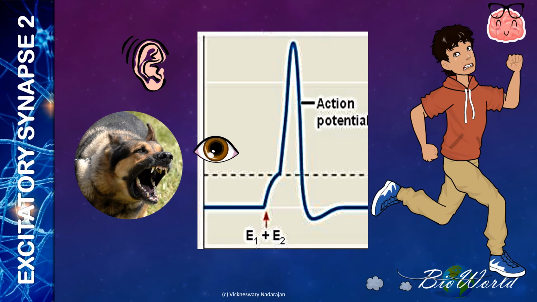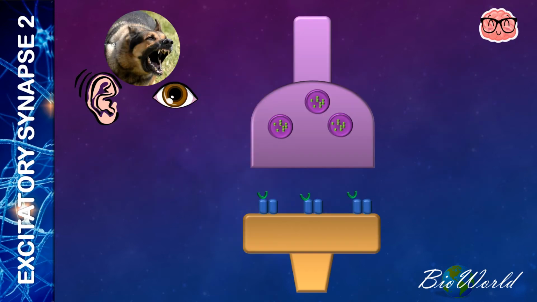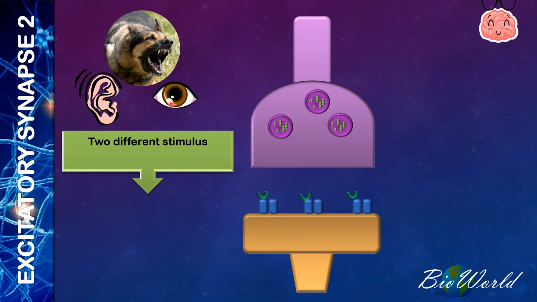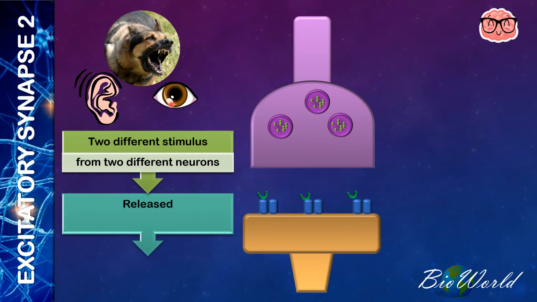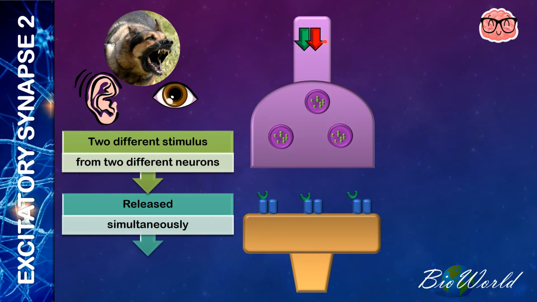Let me explain further. In the case where now there are two different stimuli passed through two different neurons, the condition is both of the stimuli are released simultaneously, at the same time. So here I have one stimulus from the ear and one stimulus from the eye.